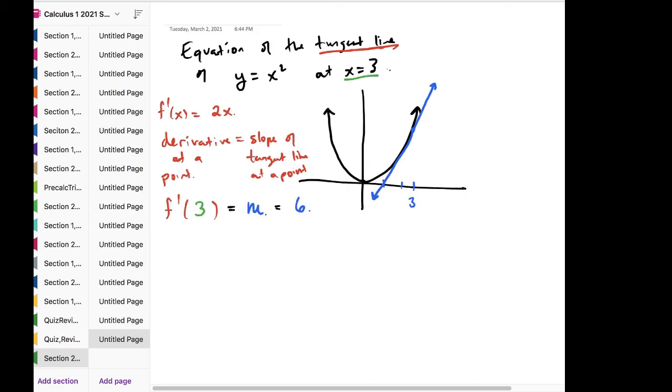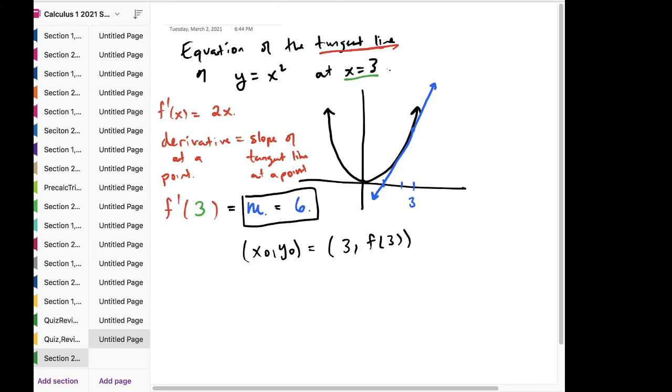Okay, and then what's the other information I need? A and f of a, yeah. So what would that be? It'd be 3 and f of 3, which is 3 and 9.